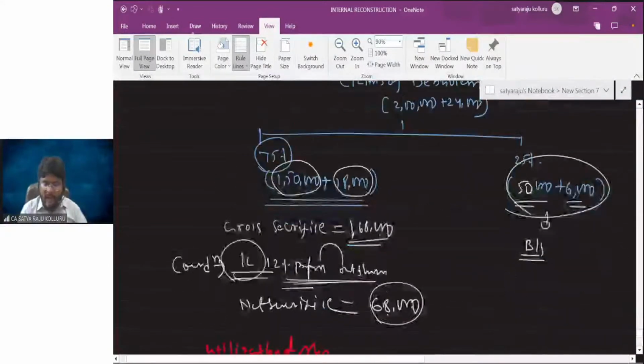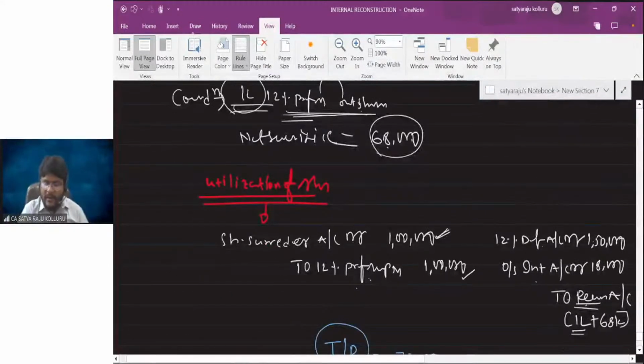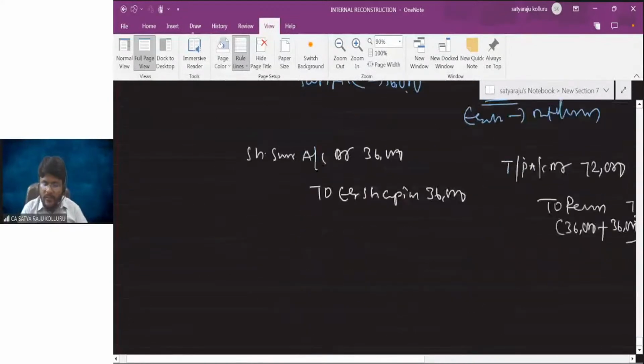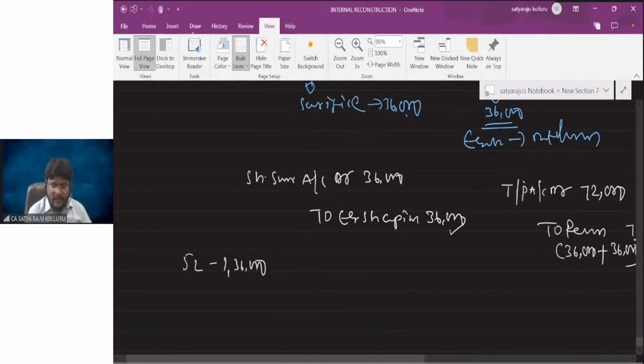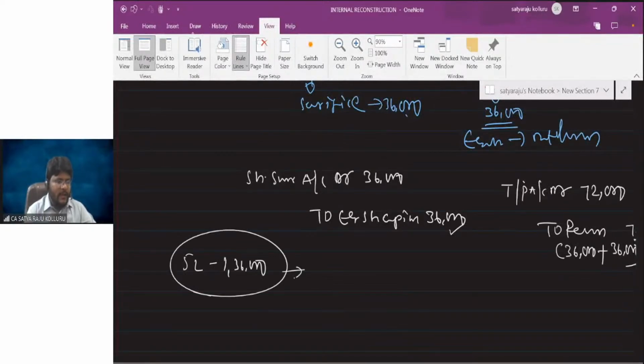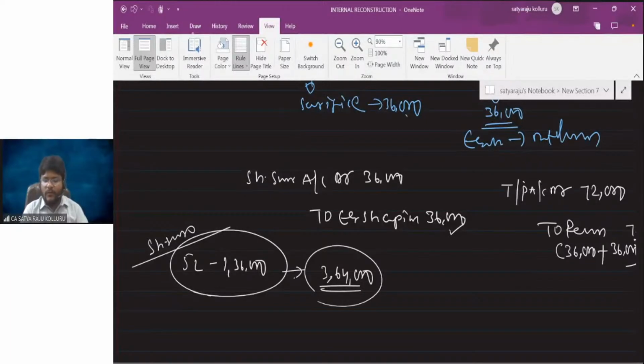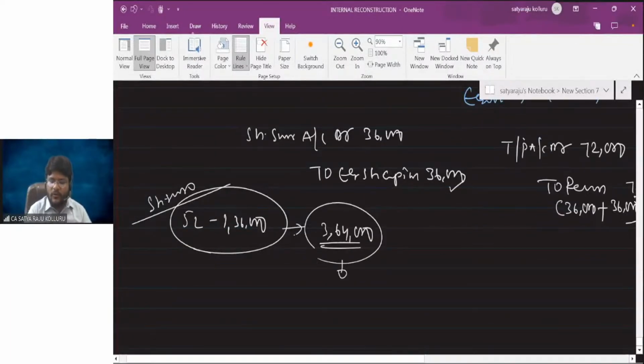Out of 5 lakhs, I utilized 1 lakh here and 36,000 here. Out of 5 lakhs, I utilized a total of 1,36,000. Still I have 5 lakh minus 1,36,000, which is 3,64,000 worth of balance in share surrender. Now, this 3,64,000, you need to transfer to which account? You need to transfer to reconstruction.